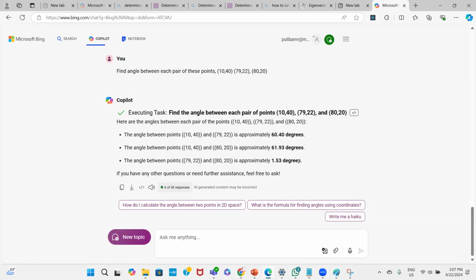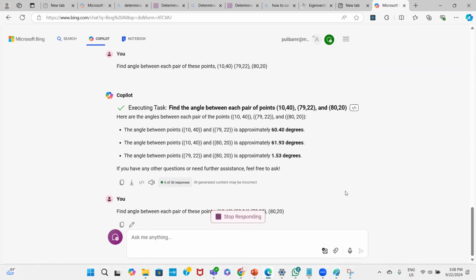The angle between them is just 1.53, so these two are similar points. You can cluster these two and leave this aside. I can introduce another point which is close to 10, 40. Let's say age is 20 and his calcium level is 34.